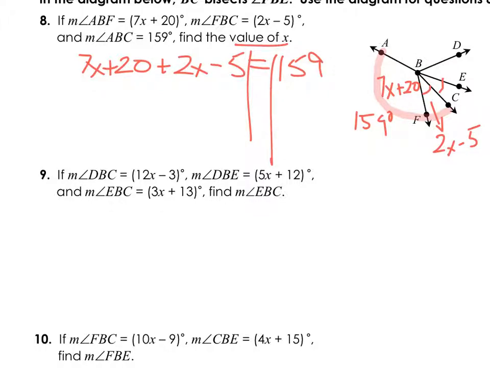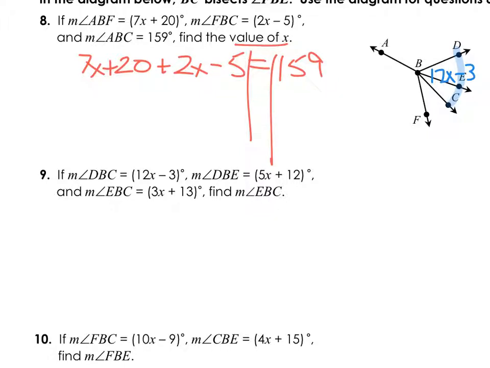Now I'm going to erase here so we can do this for number 9 now. It's very important to label your picture, okay? So DBC, the whole, this part right here, that part is 12x minus 3.